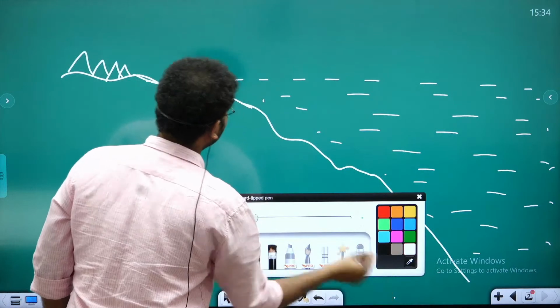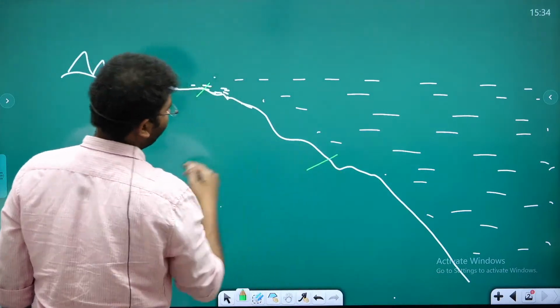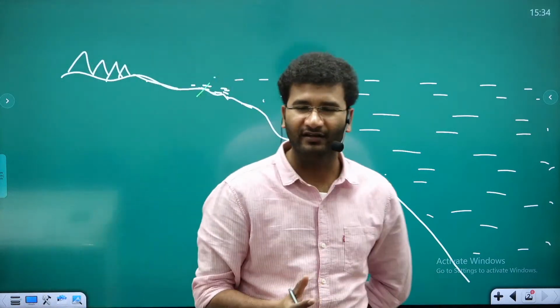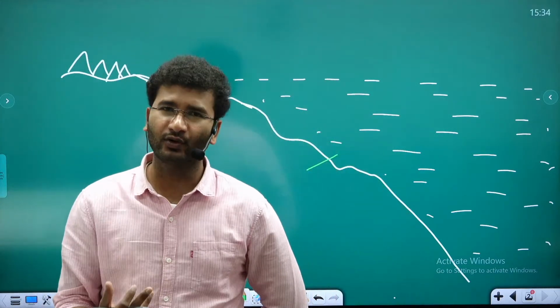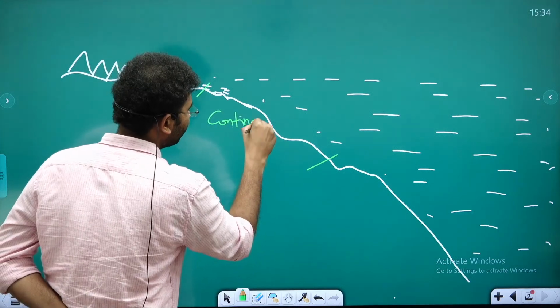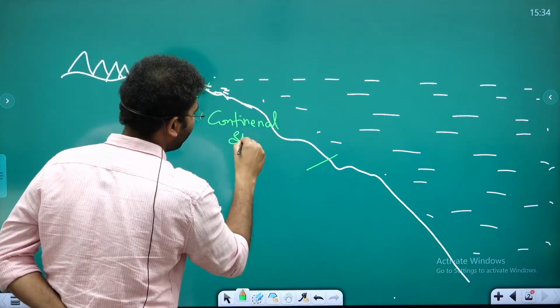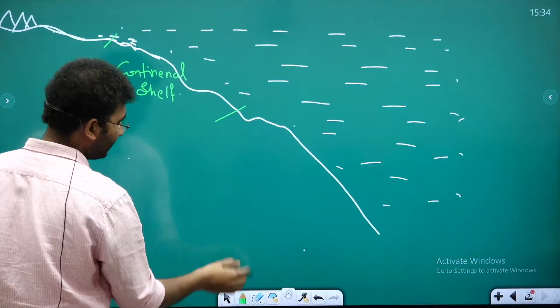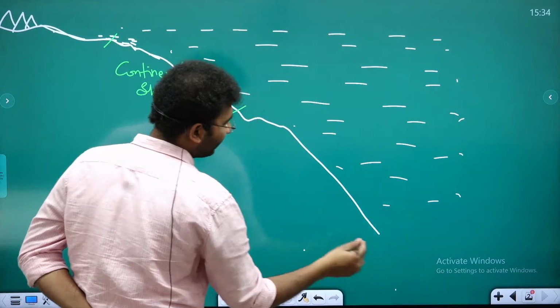Now on the ocean, broadly speaking, while you move into the interior of the ocean, the first landform that you will see is the continental shelf. And then you go where exactly the slope angle increases.